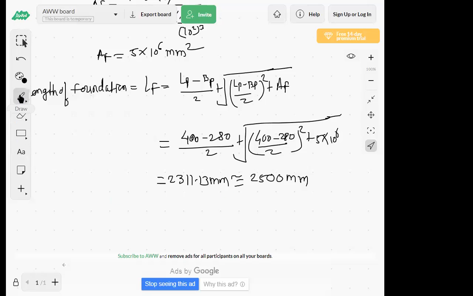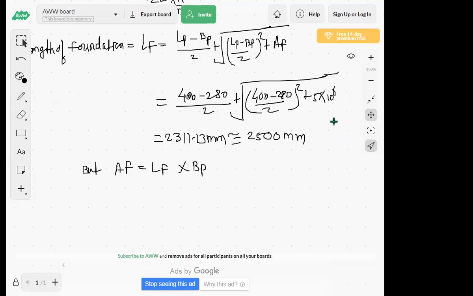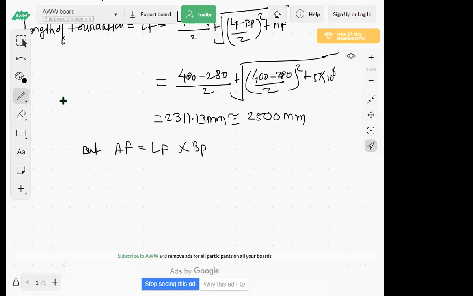So again, area of foundation is equal to length of foundation into width of foundation. So now length of foundation and area of foundation is known. So calculate. So here area of foundation is 5 into 10⁻⁶. Length of foundation is 2500 into width of foundation.